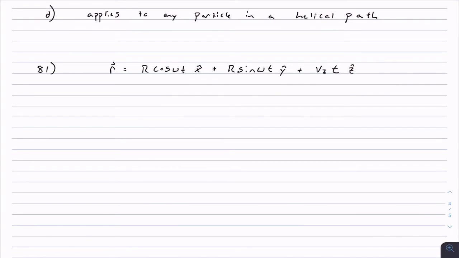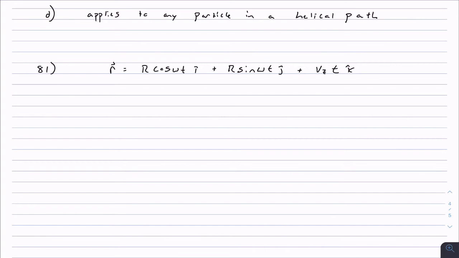There I go again, changing my z hats from k hat. I like to use this notation, so it can be tricky for me to remember, but let's be consistent with the problem that's given to us in the book.